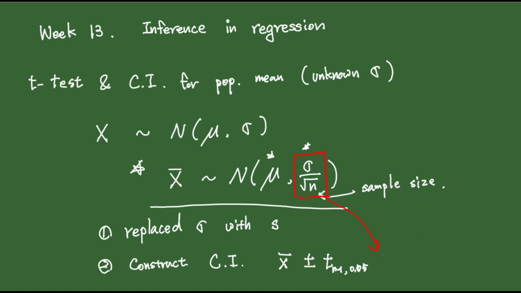So sigma, not sigma actually, s over square root of n. Originally we would put sigma here, but since we don't know sigma, we replace it with s. So s over square root of n, we call this term the standard error.